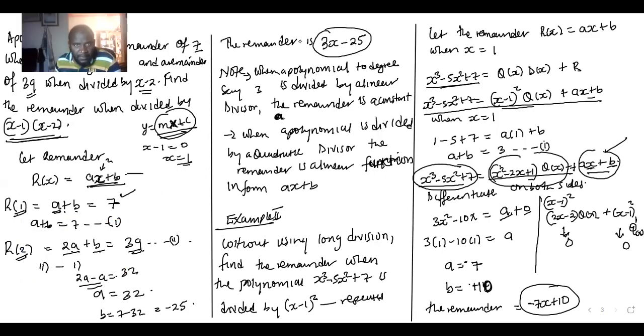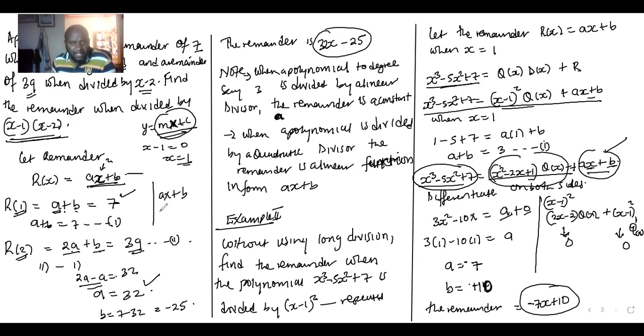Yes, it was supposed to be 32. I'm so used to those small values in these items. 32x minus 25, because our a was 32. Thank you so much. The function was in the form ax plus b, so you put the 32 where there is a, then the x, then the 25, negative, where there is the b. Yeah, so that's how it is. Thank you.